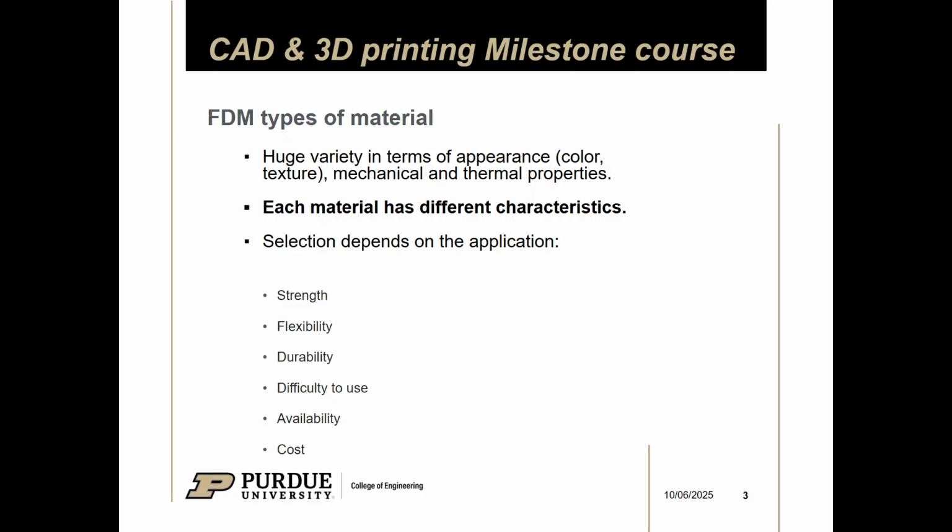So the first part of today is me just rambling about materials. You don't really need the slides, but I'm just going to be talking about different materials and material properties because it's a continuation of what we did last week about 3D printing. There's a bunch of different materials that you can use when 3D printing.